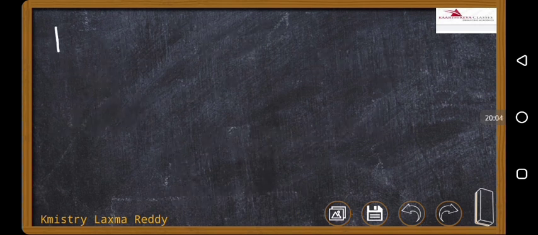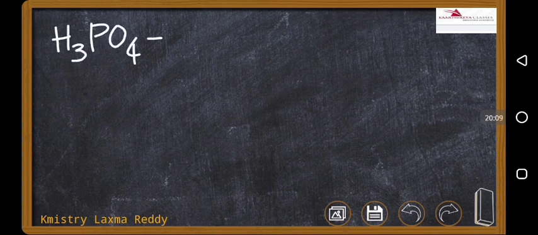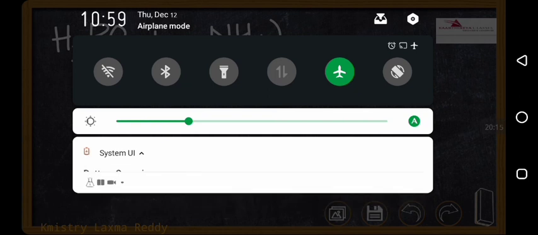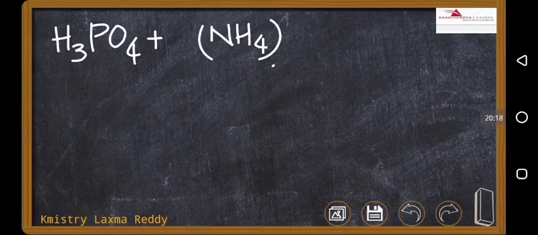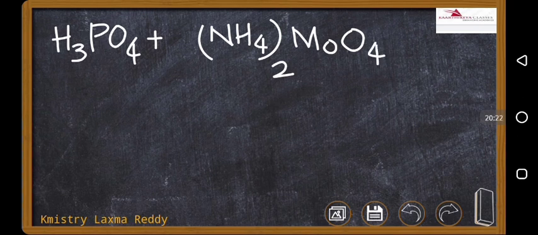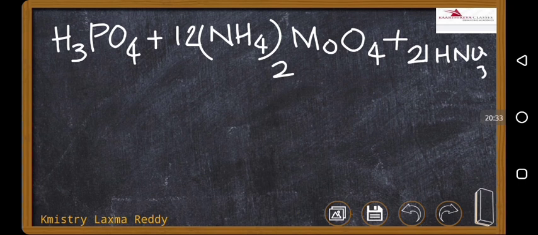Now this H3PO4 is added with (NH4)2MoO4, 12 moles, plus 21 moles HNO3, nitric acid 21 moles.